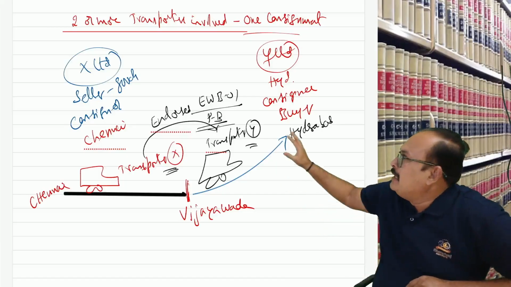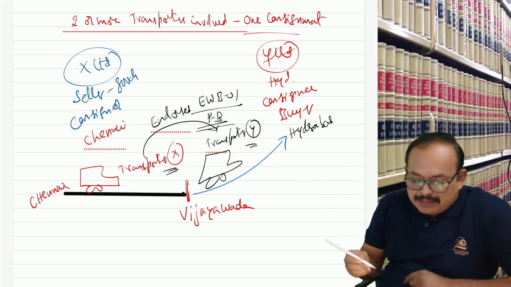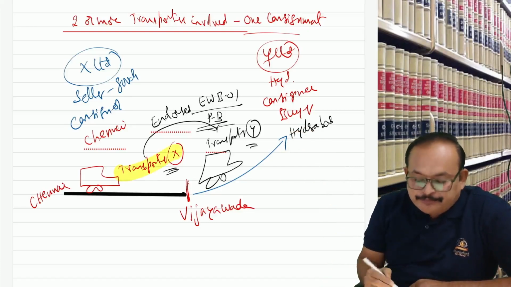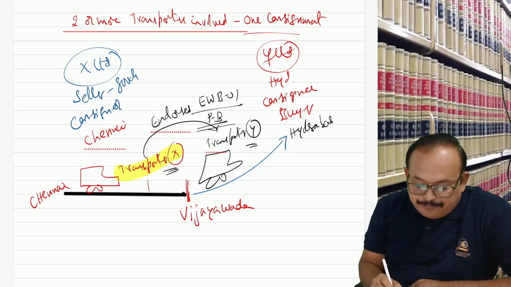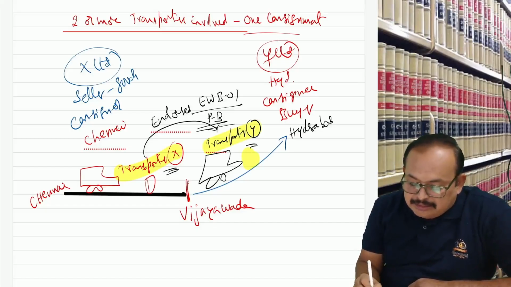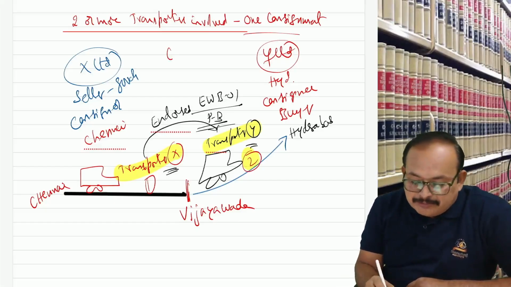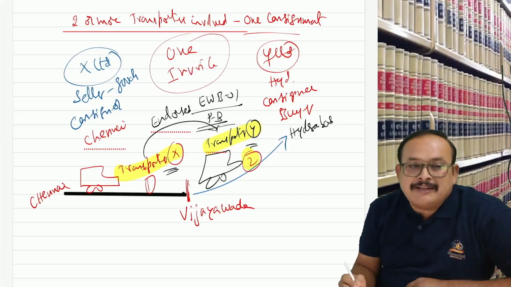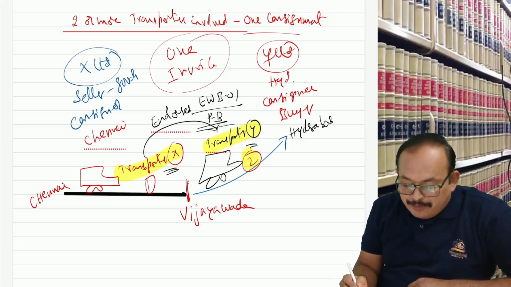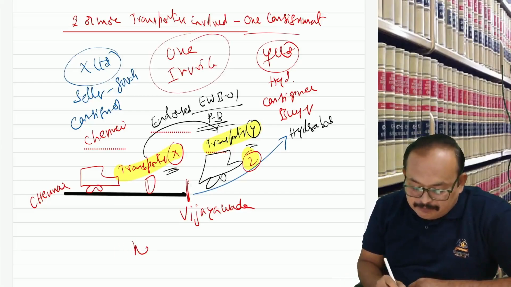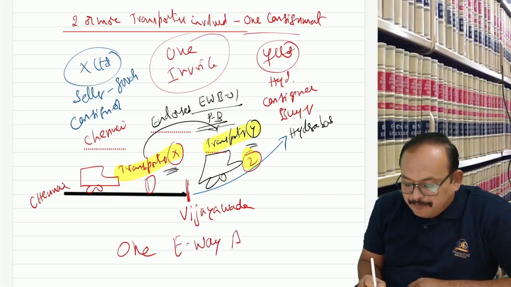Okay, now here I said, Raja, see how many transporters there are. Transporter X is one transporter, transporter Y is the second transporter. There are 2 trucks involved, but one invoice. Got the clarity? Then how many e-way bills? One e-way bill.